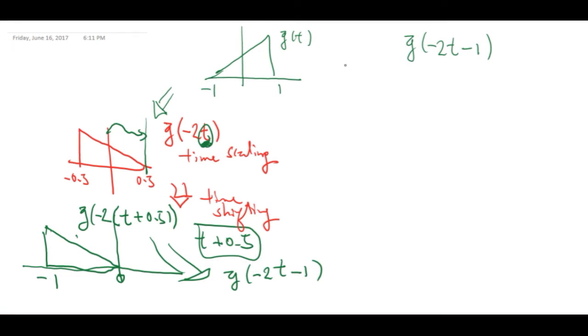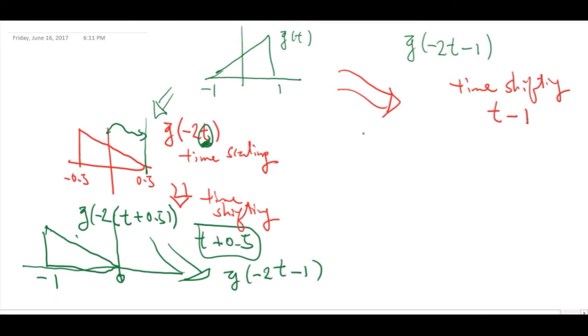Then we can also obtain it another way. The other way is, first we do time shifting by t minus 1. Because we shifted by -1, we are going to shift the thing to this.